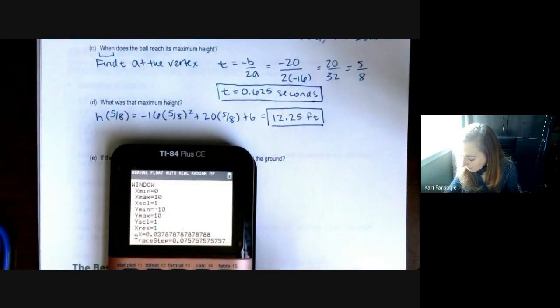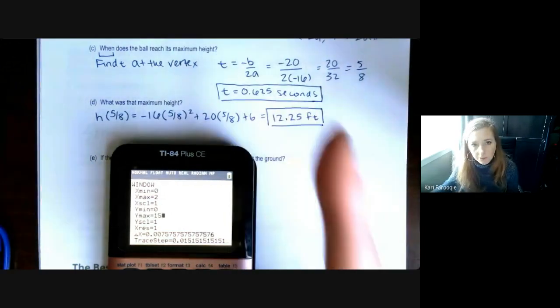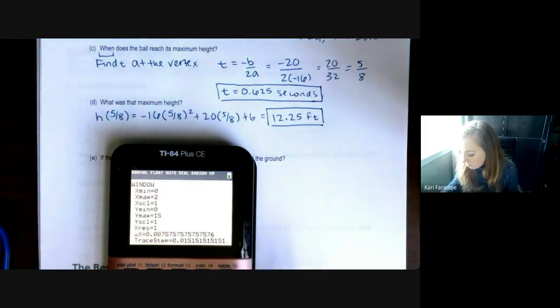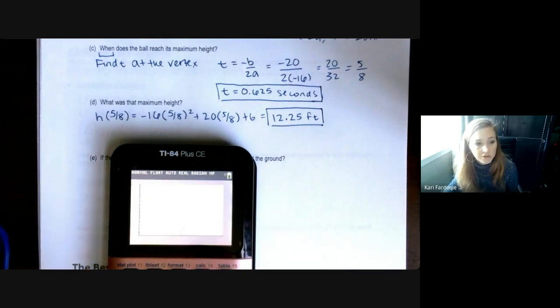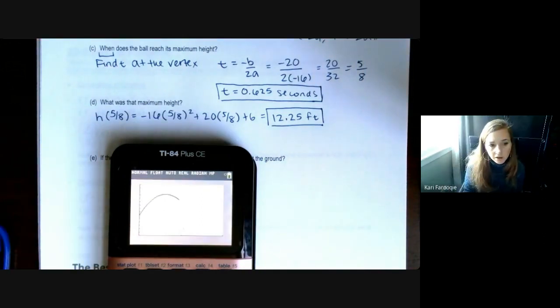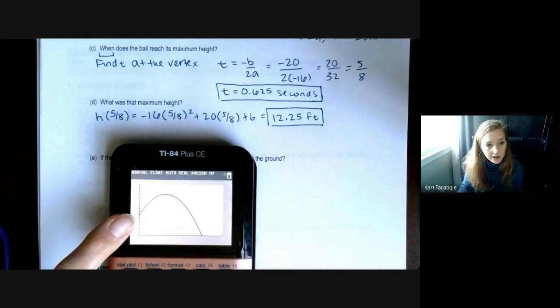But maybe go out to 2 seconds. It's going to be hitting the ground before then. And then the y-min, we're not talking about the ball going underground. And then maybe just set the max to 15 so you can get a good picture if you already know it's going up to 12. Otherwise, you're just going to have to play with these numbers in your window until you get something that looks good. All right, so there's the 6 feet it started at.